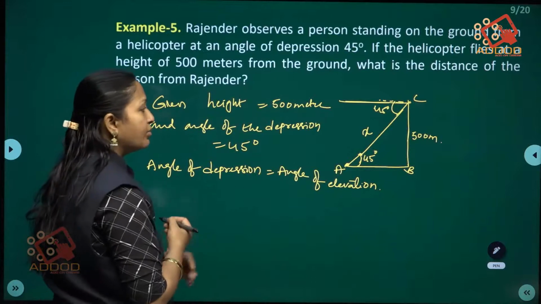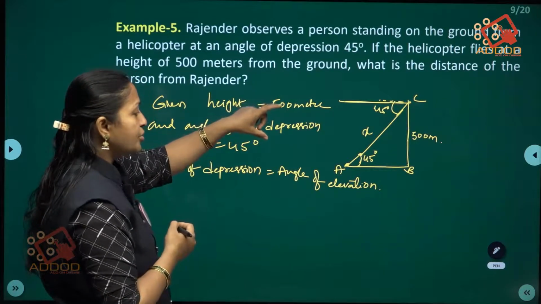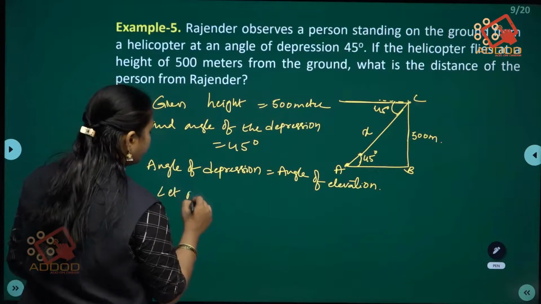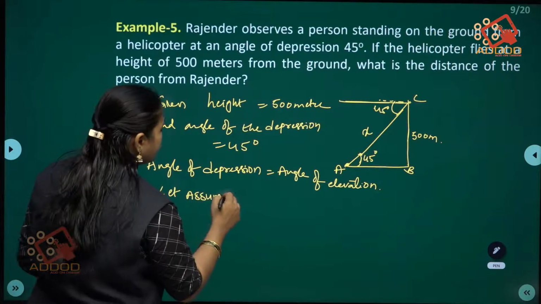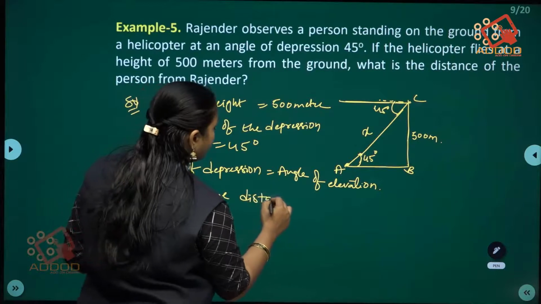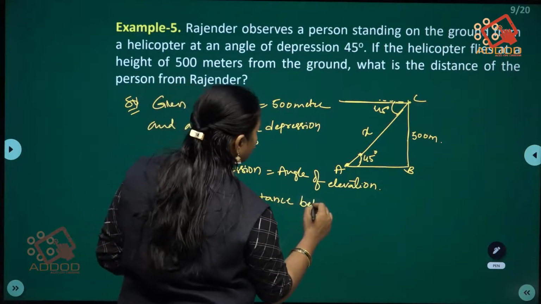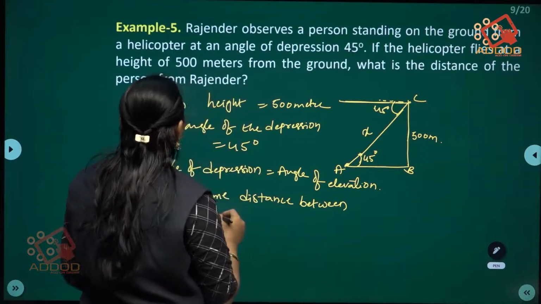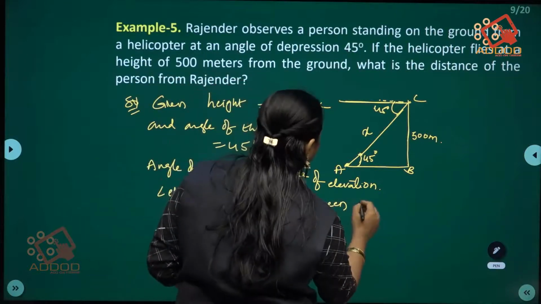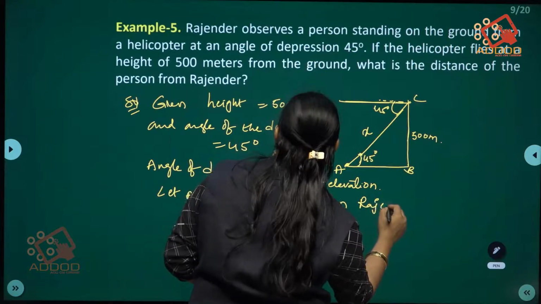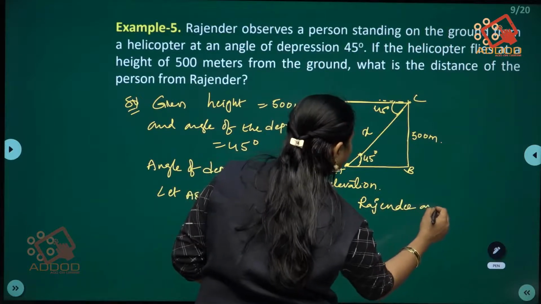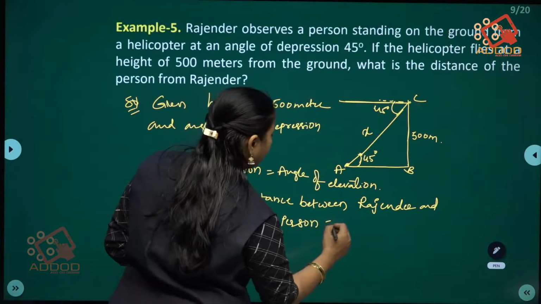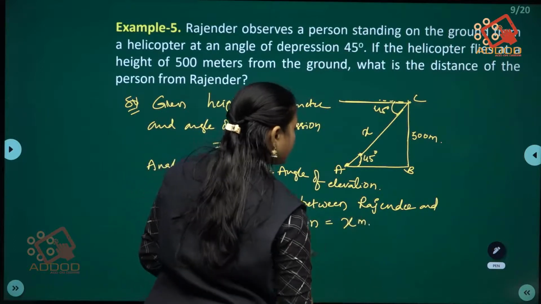Now we want the distance between these two, which is nothing but AC. So let's assume distance between Rajendra and a person is equal to x meters.